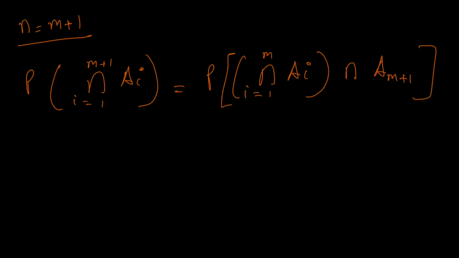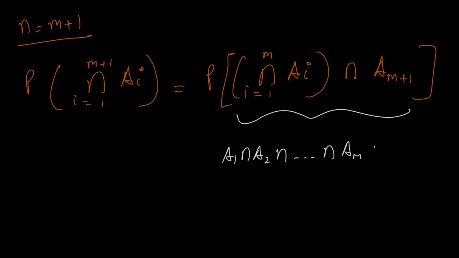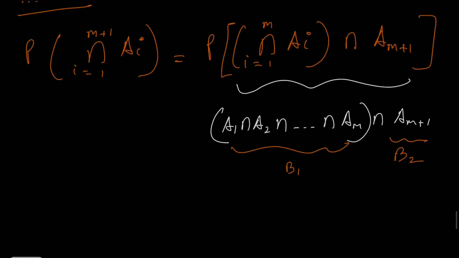I've just written it in the form A1 intersection A2 intersection up till intersection Am plus 1. I've just put brackets here and defined two of them as two different events, this one as event B1 and this one as event B2.